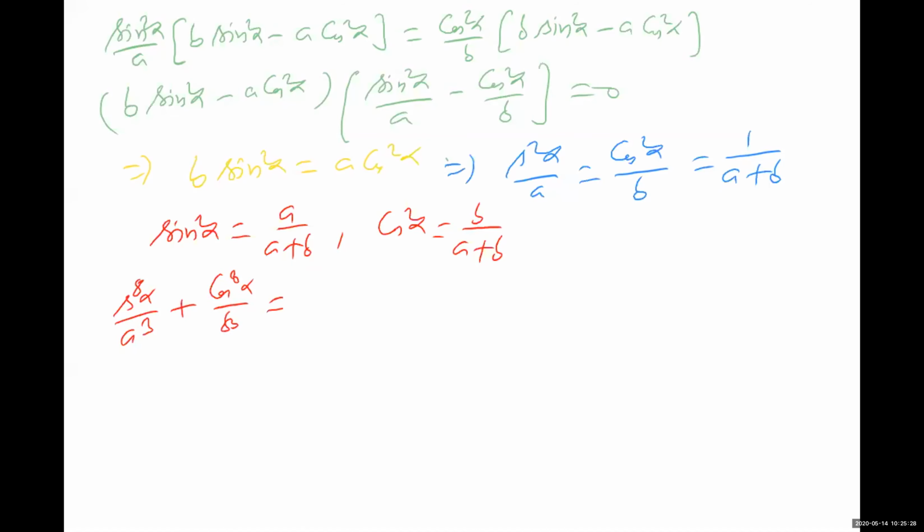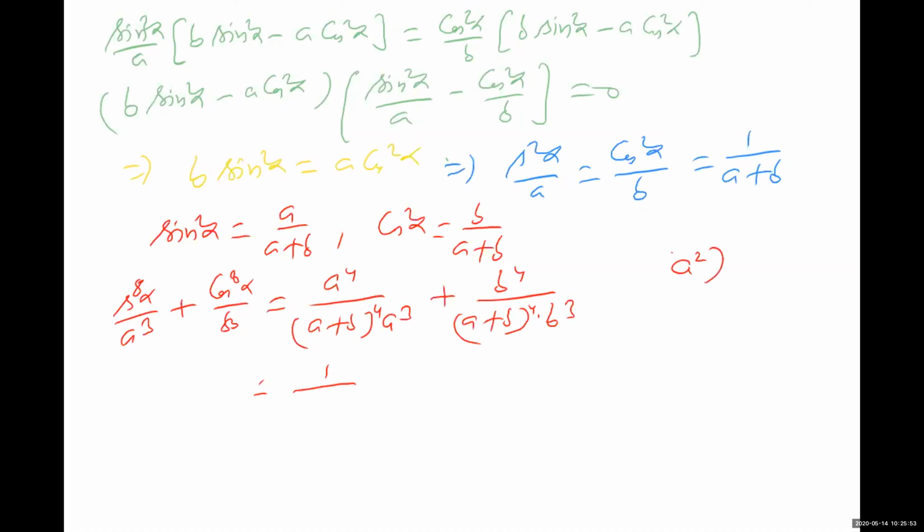So sin 8 alpha means power 4. A power 4 upon a plus b power 4 into a cube plus b power 4 upon a plus b power 4 into b cube. So this is nothing but power 1 3, right? This is a power 8: a square into a square into a square into a square, 4 times.